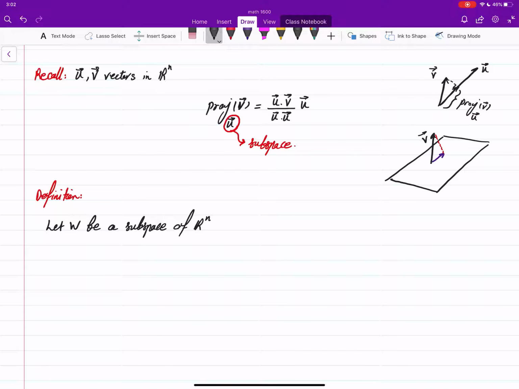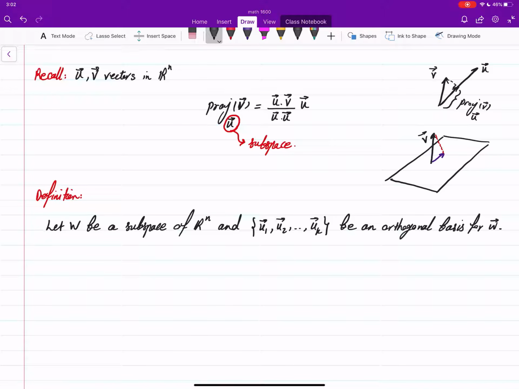Let W be a subspace and U1, U2 up to UK be an orthogonal basis for W. Okay, so we fix an orthogonal basis.